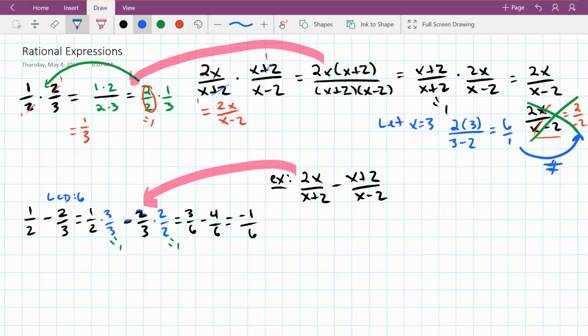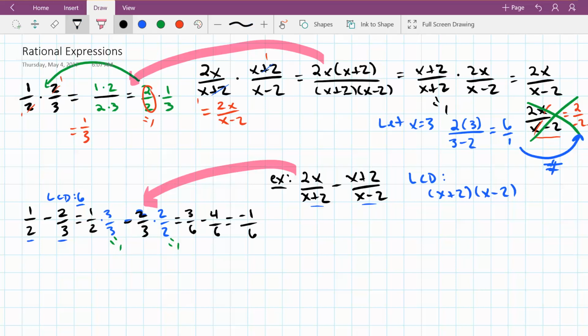Well, the LCD in this case is just x plus 2, x minus 2. If you're ever unsure, you could always multiply, just like we did here with 2 and 3. The LCD was 2 times 3, which was 6. The LCD here is x plus 2, x minus 2.